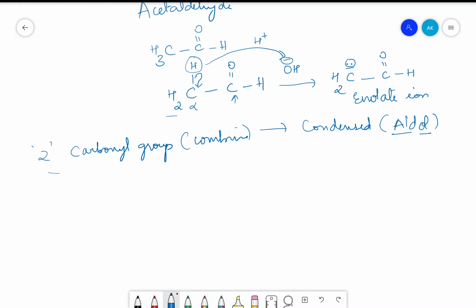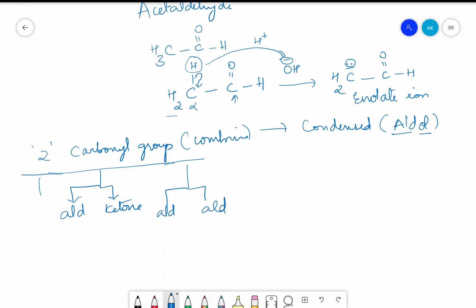In these two carbonyl groups, one can be aldehyde and the other one ketone, or both of them can be aldehyde, or both of them can be ketone. So three possibilities are there.